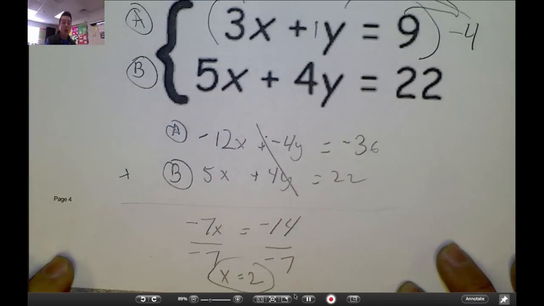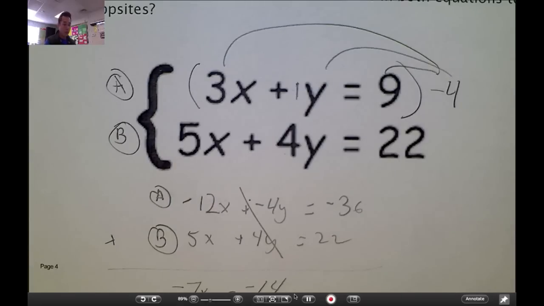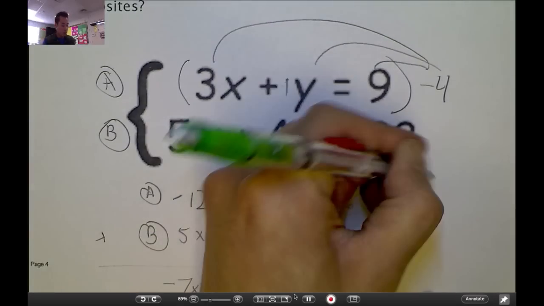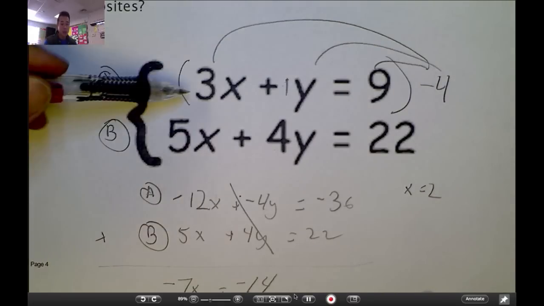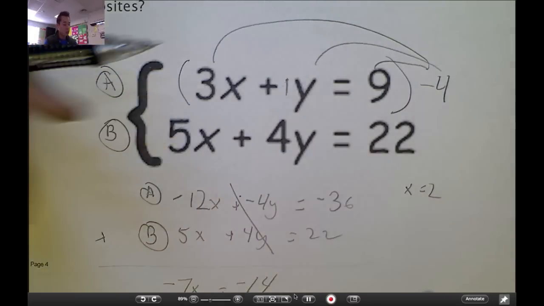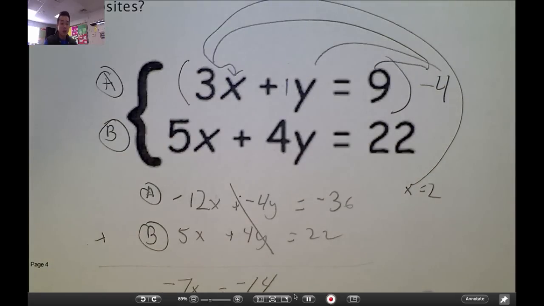Now that's just one of my points. And then what I'm going to do is, just like before, take x is equal to 2, and substitute it back into one of these. It doesn't matter which one, but you just have to make sure that once you find your y value, it has to work for both equations.